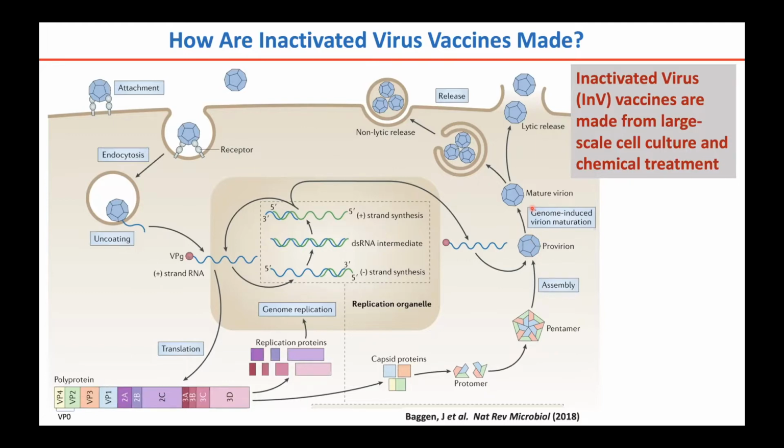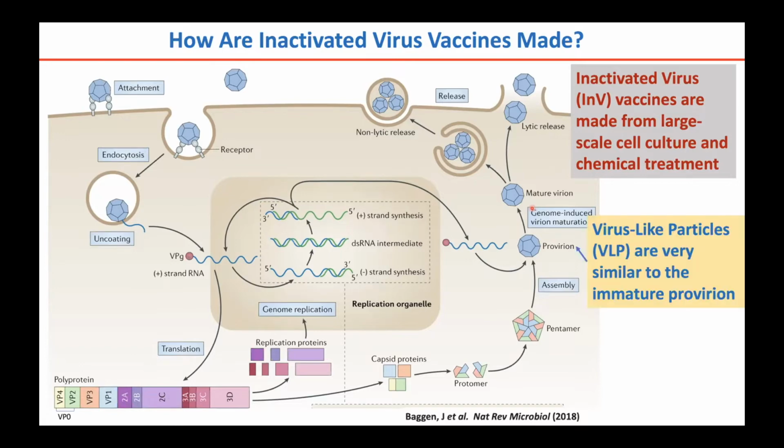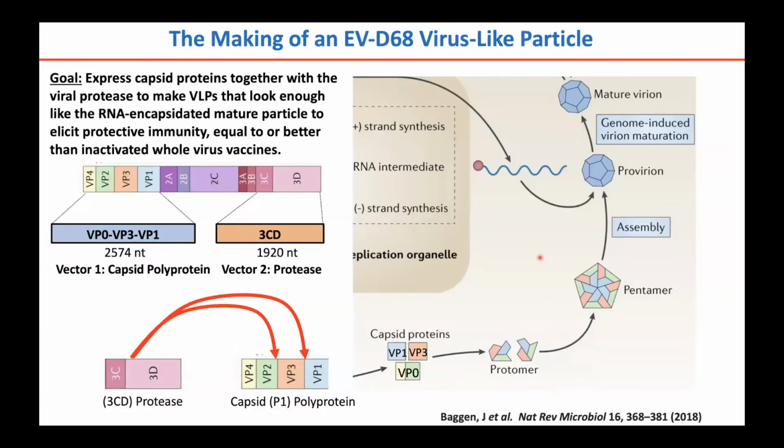The virus-like particle vaccines that I'm going to be talking about are very similar to these immature provirions. The way we make those is by expressing small parts of the virus instead of the intact viral genome. We transfect cells with plasmids that express just the viral capsid polyprotein, this P1 region, and we co-transfect plasmids that express the 3CD protease.